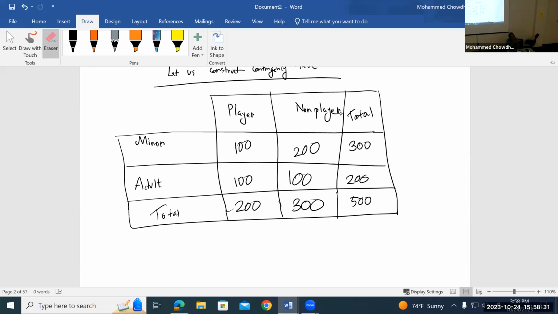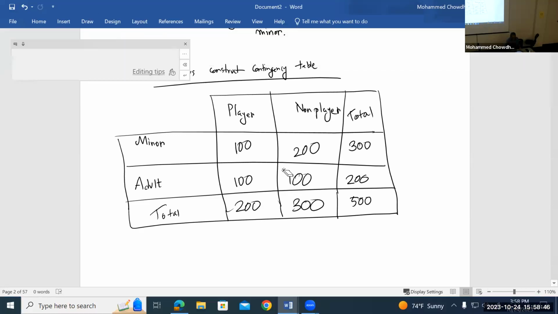In the exam, you might get 3 by 3 or 4 by 3, and then writing is long. If 3 by 4 category, that means there will be 12 cells. Now there are 4 cells. But if there is a 4 by 3, 12 cells, a lot of writing.